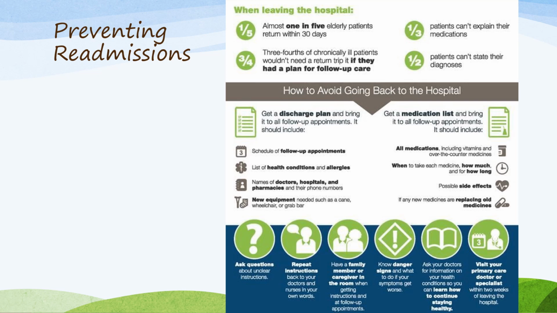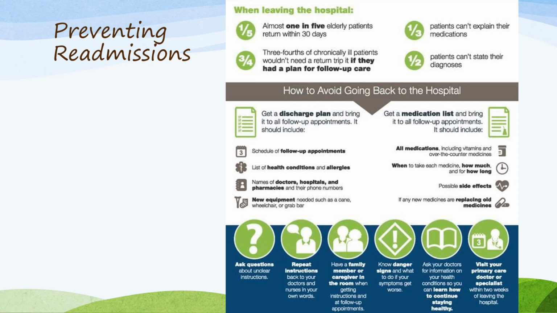Their scheduled follow-up appointments. So making it clear and helping them make their follow-up appointments. So if they need 3 follow-ups with the doctor after surgery, we should make sure that those visits are made before they leave. A list of all their health conditions and allergies.